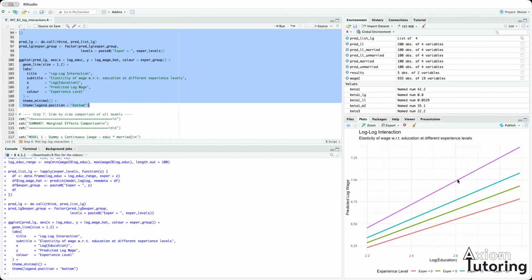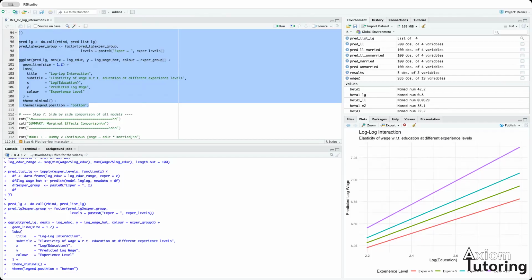So again, we see different lines as we would have expected, because every different value of experience is giving us different predictions for the log wage. Okay. What you might want to always keep in mind is that each of these lines is simply representing a different elasticity based on that value that you are plugging in.